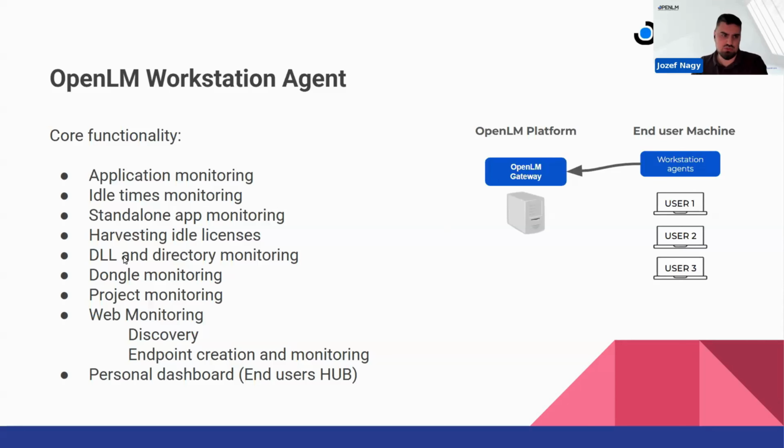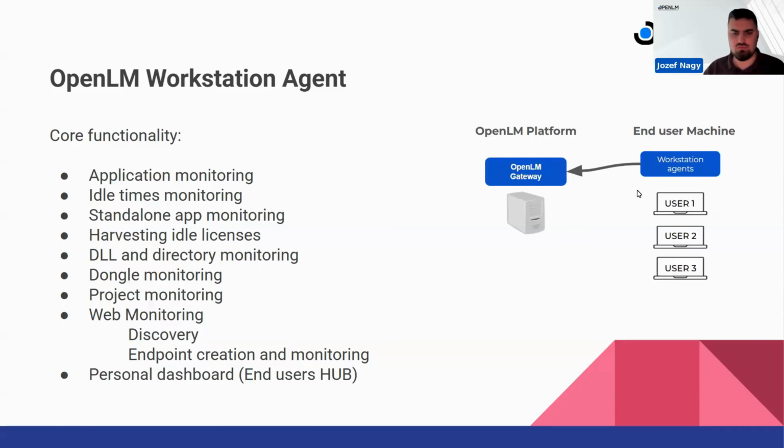The Workstation Agent can also monitor DLL files and the directories which are opened on the machine. For example, in some cases, the license manager doesn't consume a new license when some add-ons are loaded.